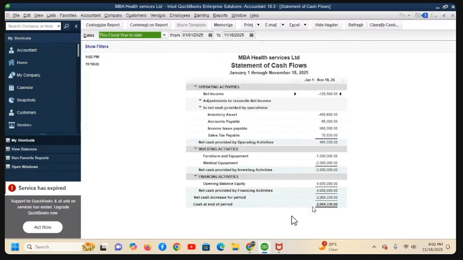Remember, this is the total cash we have at the end of the period. Investing activities are the cash we spent to buy furniture and equipment. Then we have financing activities and operating activities. If you have studied cash flow, it has those three sections: cash flow from operating activity, investing activity, and financing activity. Then you get an increase or decrease in cash, and you add the opening cash balance to get the end cash balance. It can show you all that.